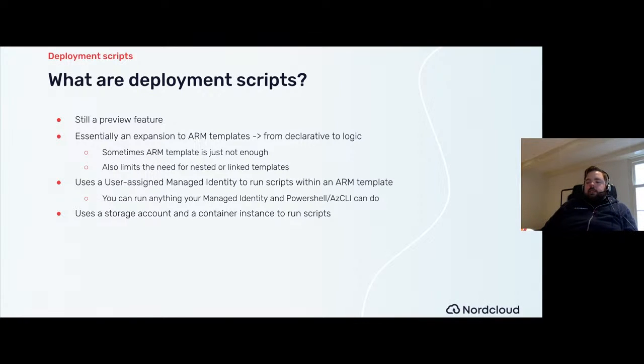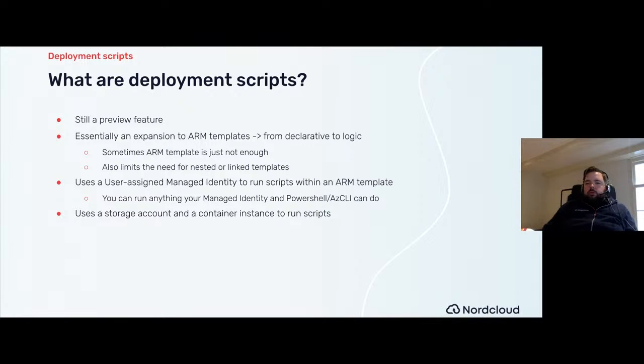Before, ARM templates, as you know, have been declarative. You want something to happen and you tell exactly what you want to happen, and the ARM template just does it for you. But it has been lacking the logic behind it.